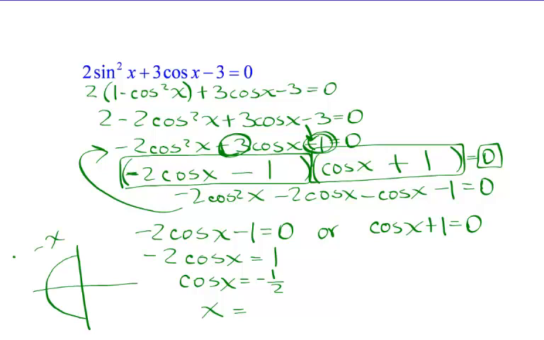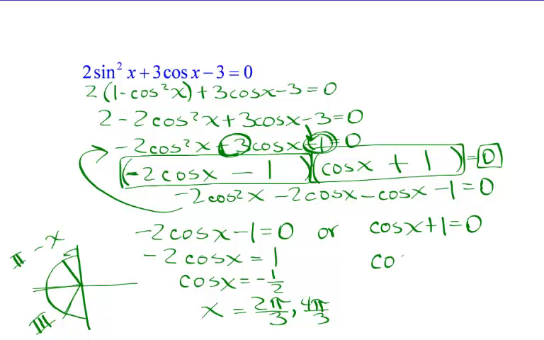X is negative in quadrants 2 and 3. Where is that magnitude 1/2? That's at that angle measure and that angle measure. So this is pi over 3 from the vertical. So that is 2 pi over 3 or 4 pi over 3.